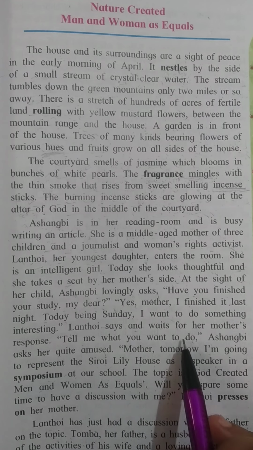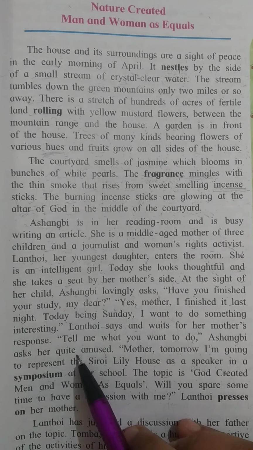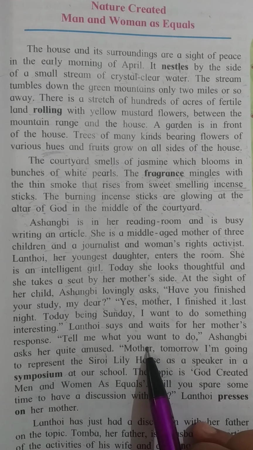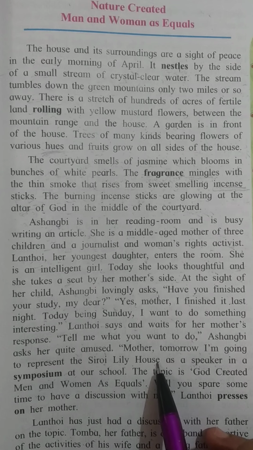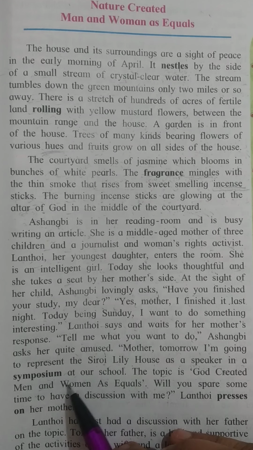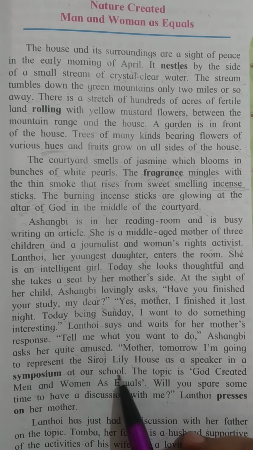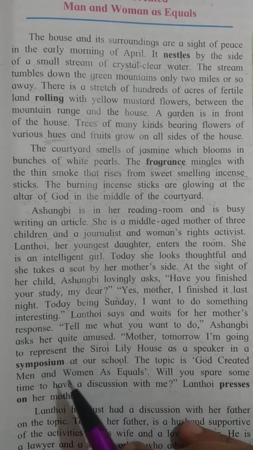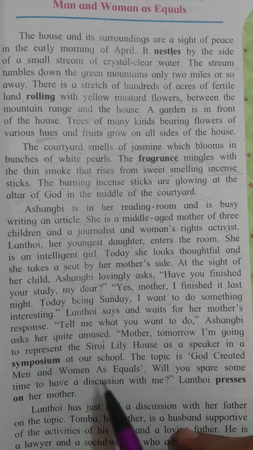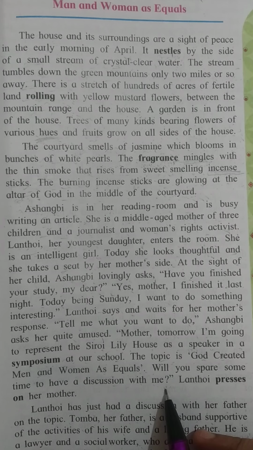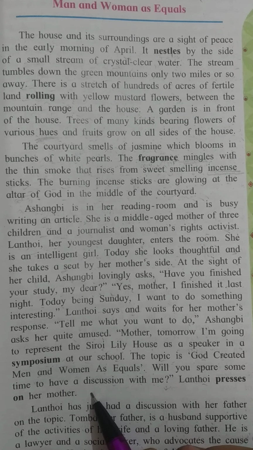"Tell me what you want to do," Ashangbi asks her, quite amused. "Mother, tomorrow I am going to represent the Siroi Lily House as a speaker in a symposium at our school. The topic is God created men and women as equals. Will you spare some time to have a discussion with me?" Lanthoi presses on her mother.